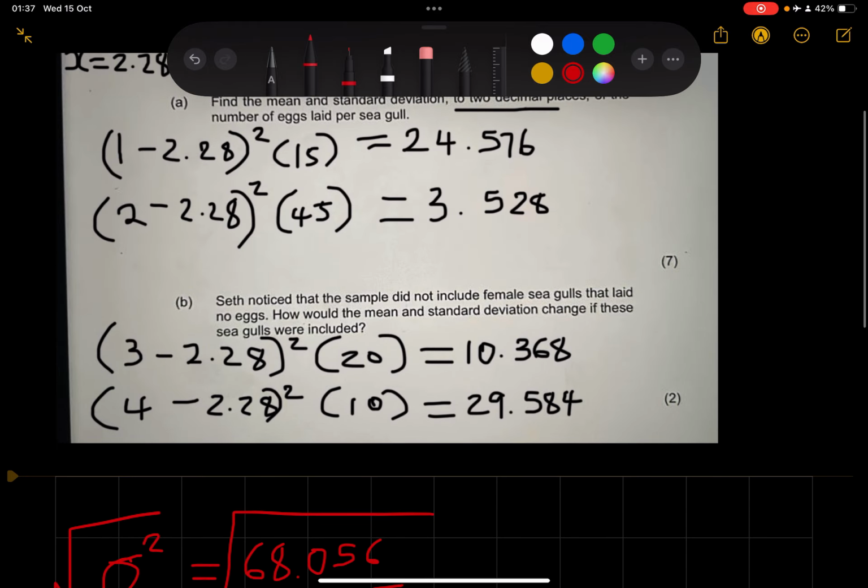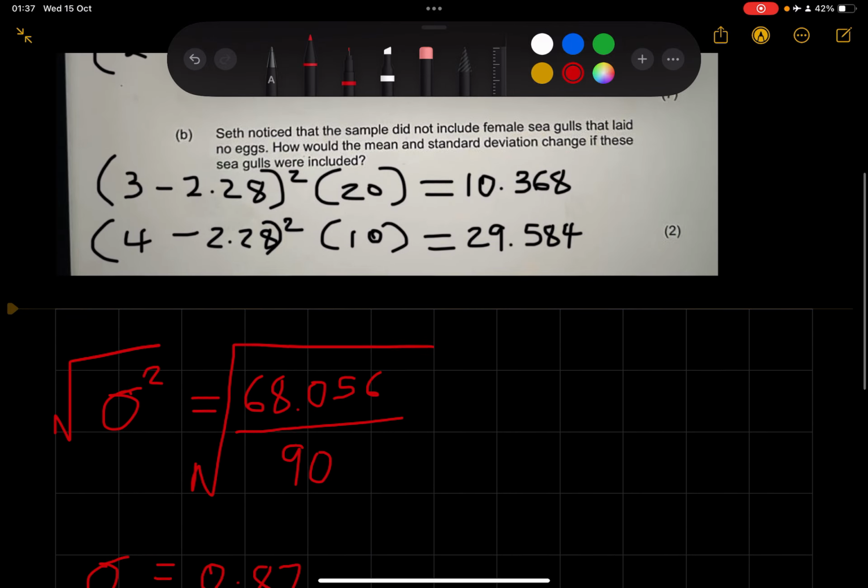And then now let's look at the second question. The second question, they say, Seth noticed that the sample did not include female seagulls that laid no egg. How would the mean and the standard deviation change if these seagulls were included? Right.